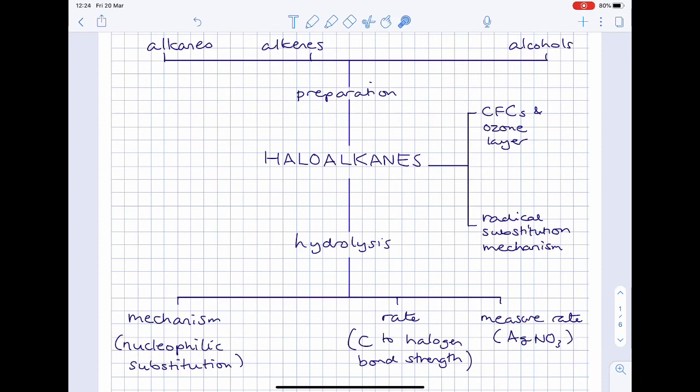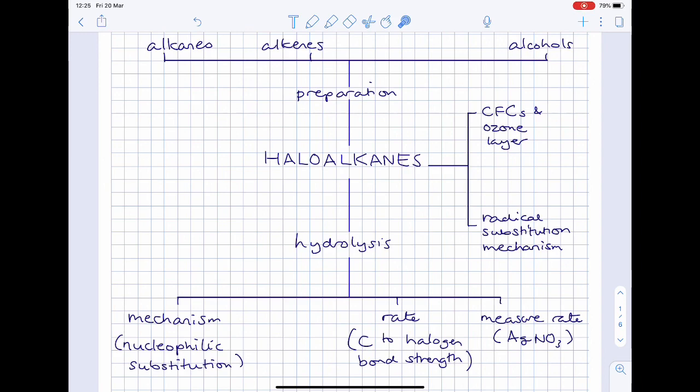So instead we use sodium hydroxide, and the hydroxide ions are much better at nucleophilic attack and attacking that partial positive center on the haloalkane. So we looked at the mechanism, which is nucleophilic substitution, and you can define nucleophile as an electron pair donor.